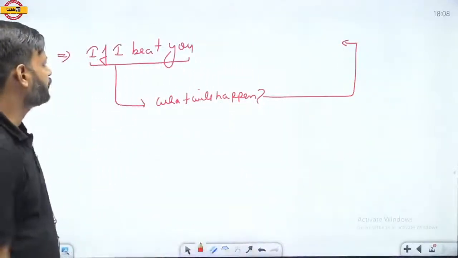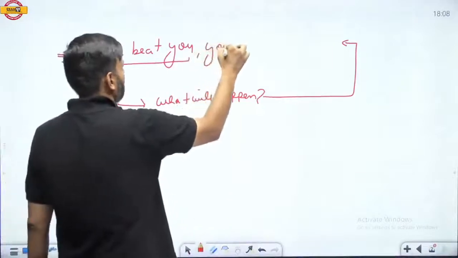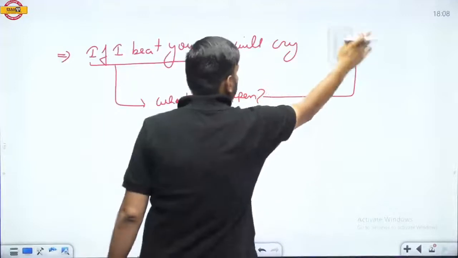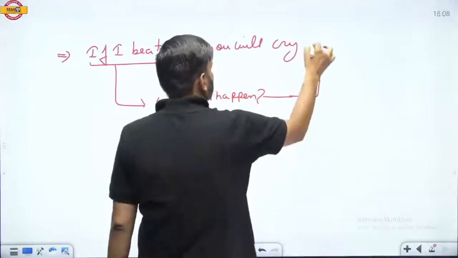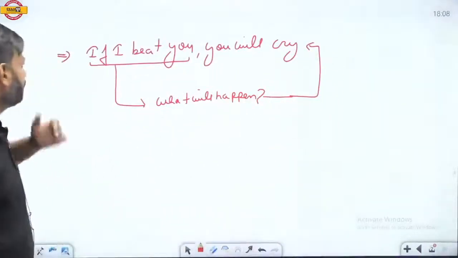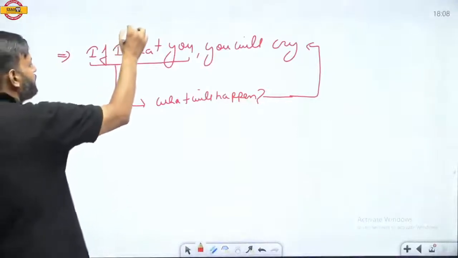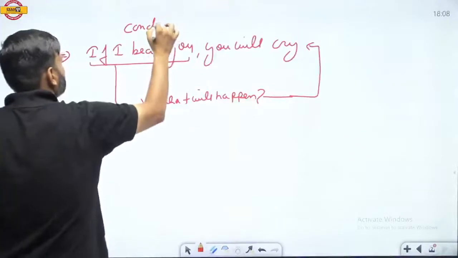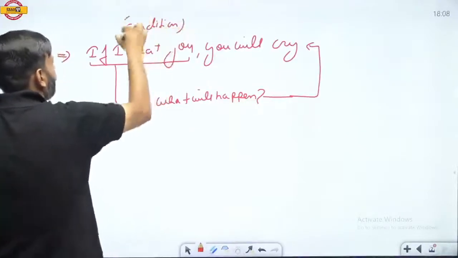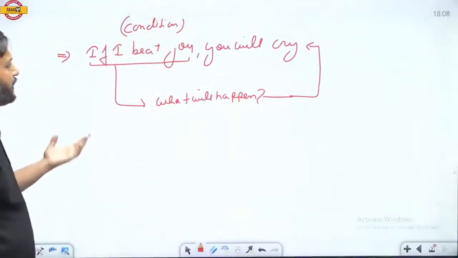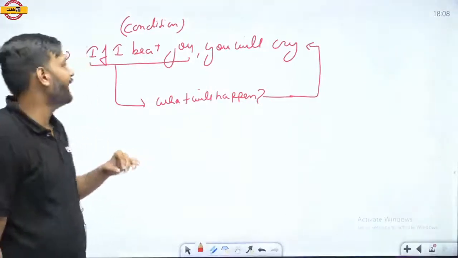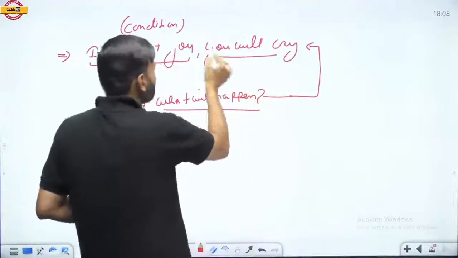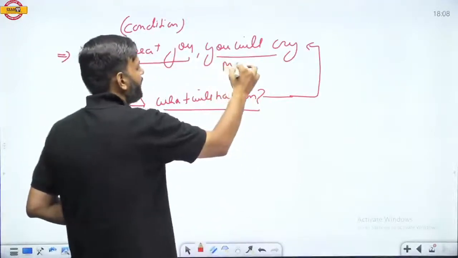If I beat you, you will cry. If I beat you is the condition, and what will be the result of this condition? You will cry. So this is the result of this if clause. This is the main clause.